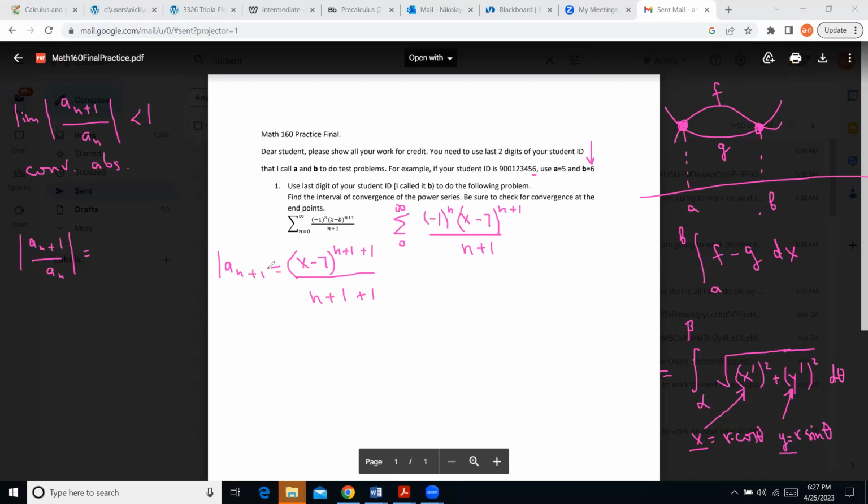Since x is present, I should also put absolute values, so everything will be inside the absolute values. On the top of my fraction, I will have (x - 7)^(n+1) and another x - 7 right next to it, which is also going to be divided by n + 2.